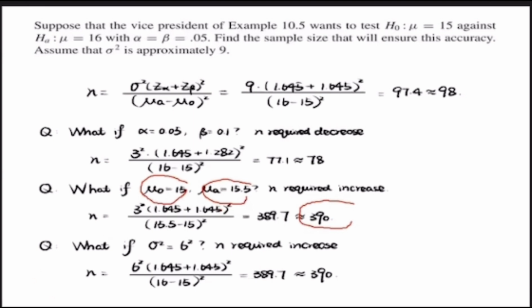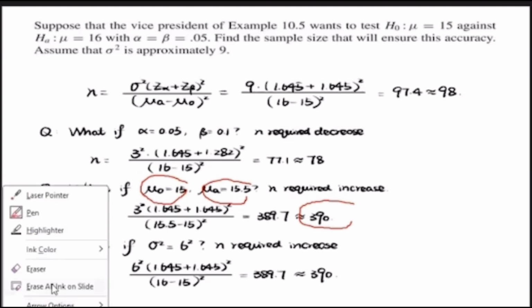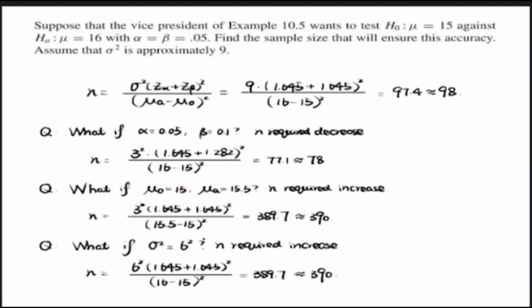Now, let us consider another thing: the effect of variance. Initially it was 9, and now the variance goes down, while alpha and beta are still 0.05.